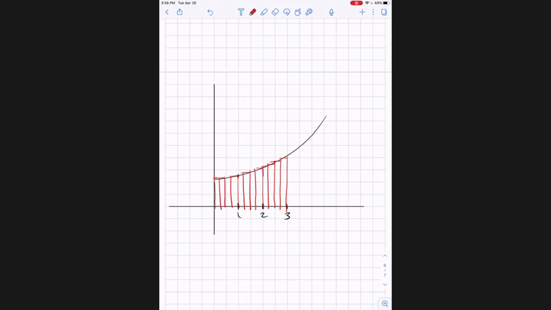See, the amount of error is very little now. So if you take the limit as n goes to infinity, the error would go to 0 and you get the actual area. So that's what we're trying to do here. And what we're doing here is called Riemann sums.